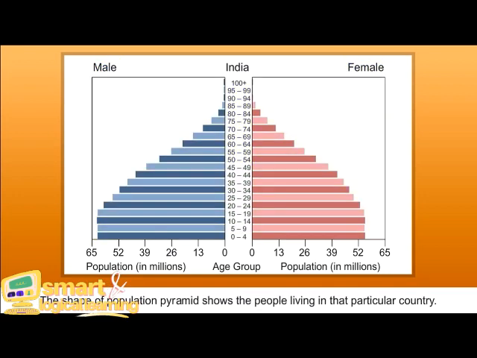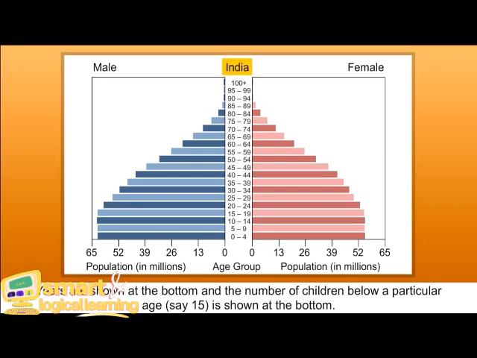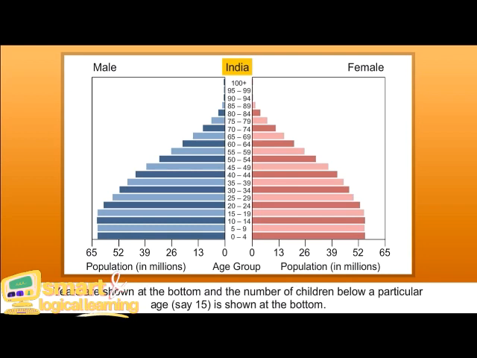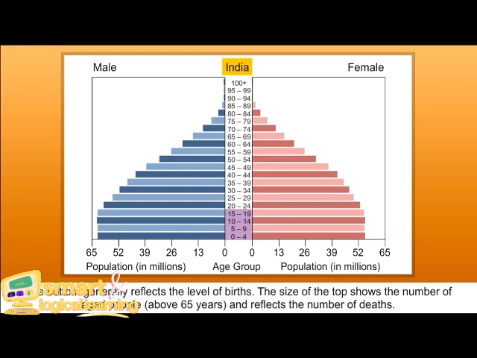The shape of the population pyramid shows the people living in that particular country. Years are shown on the side, and the number of children below a particular age, say 15, is shown at the bottom. The bottom generally reflects the level of births.